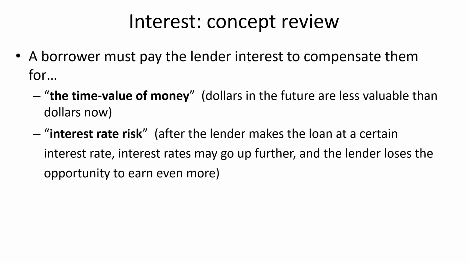I'll be kicking myself because I loaned you money at 5%, and if I had waited, I could have loaned it to somebody else for 10%. That's interest rate risk. That is, that if interest rates in the economy are changing, then the lender can experience some negative consequences if the rates go the other way.